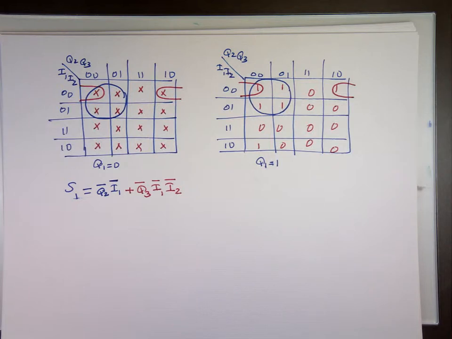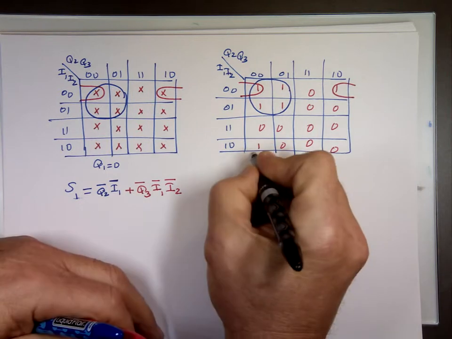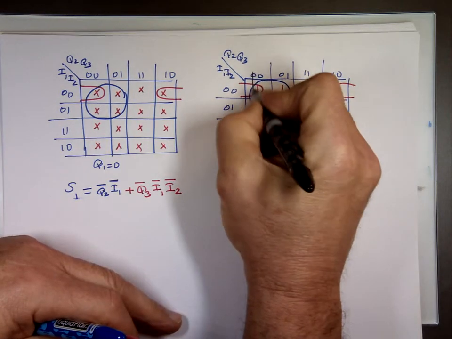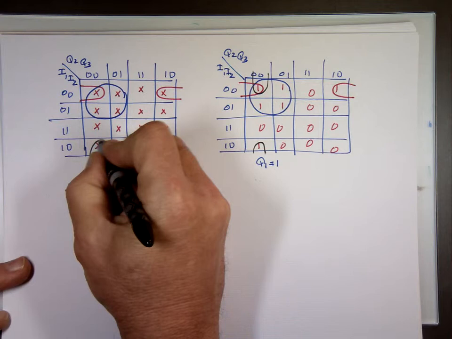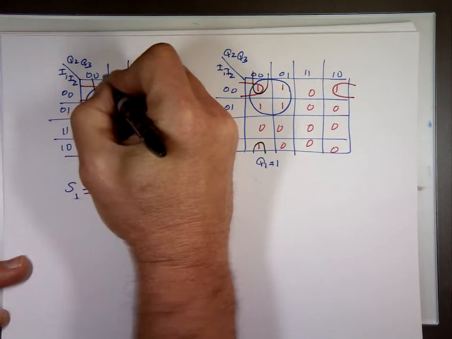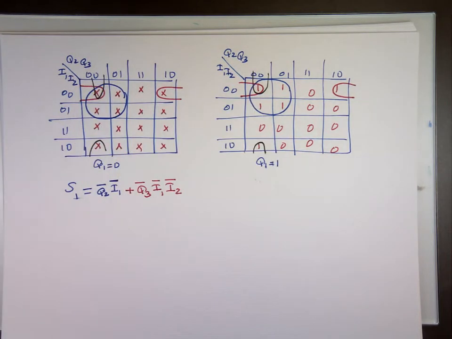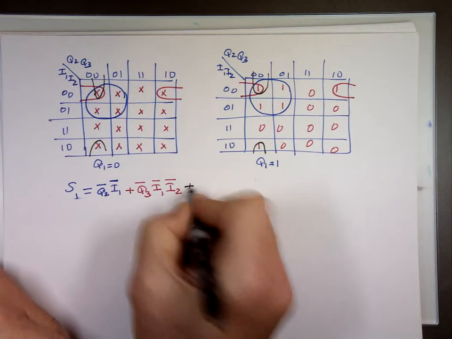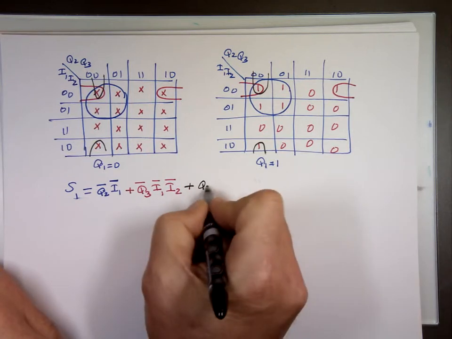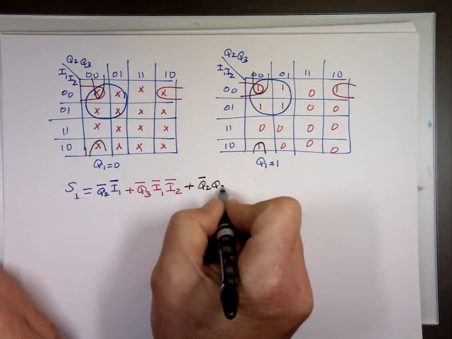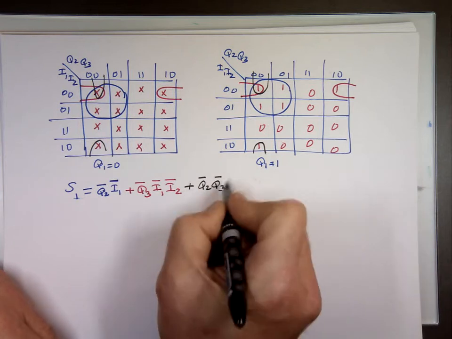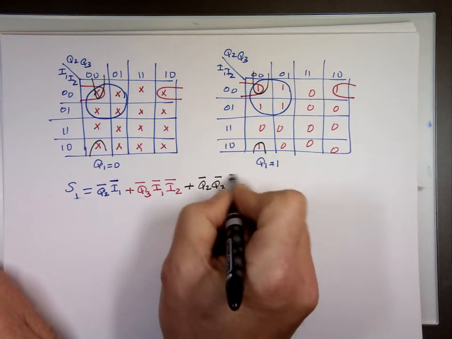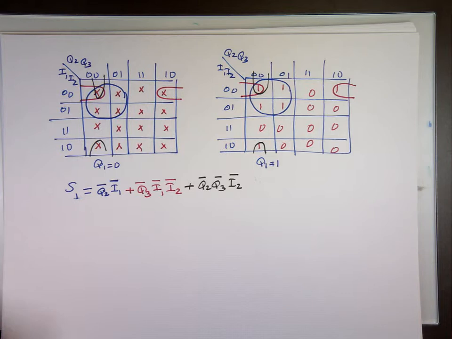And the last one, there's a 1 in the bottom. I can take this with this and take it with these two. Q2 not, Q3 not, I2 not. And that's S1.